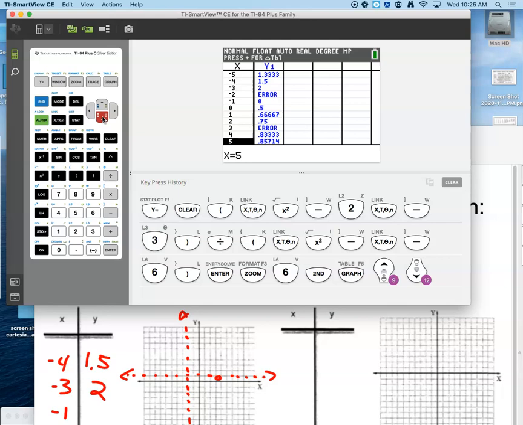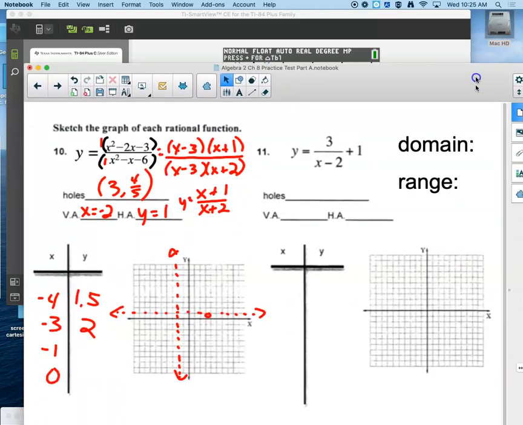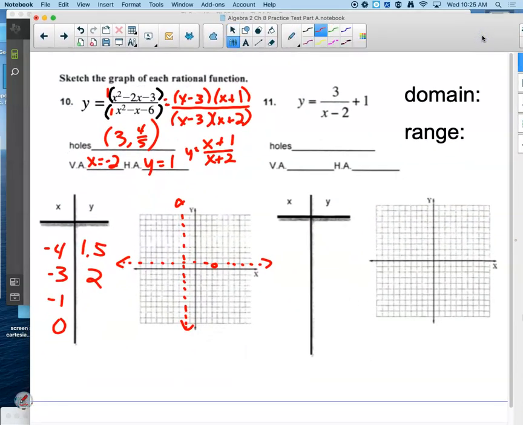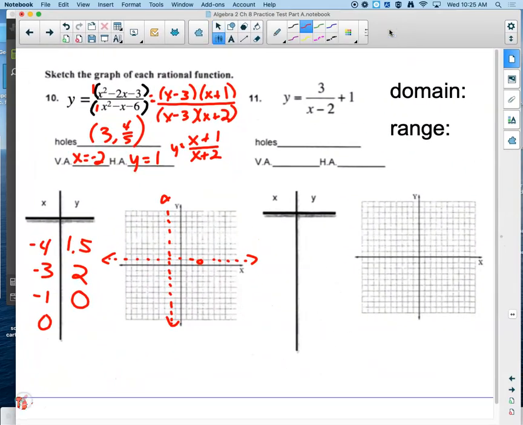All right, let me get these others down. -1 is 0, and zero is 0.5. So let's put these on here.